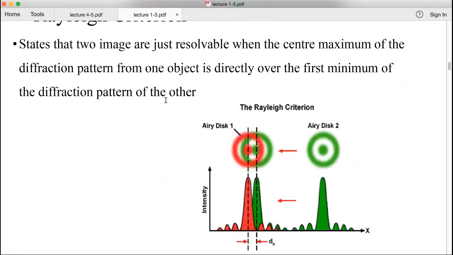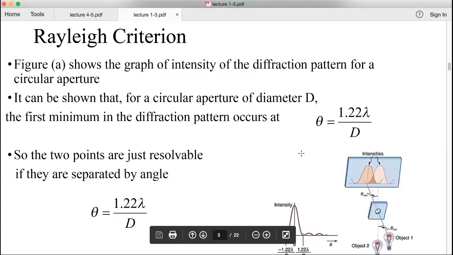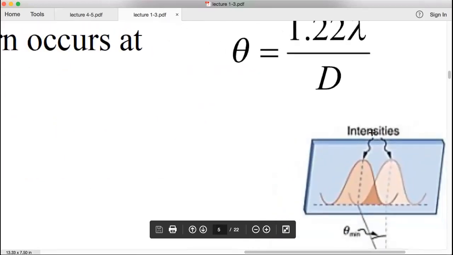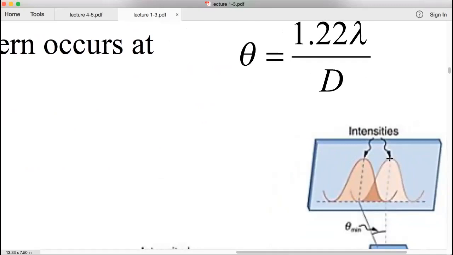And in the next slide, you will be able to see a more clear picture. If I zoom this, it's not that clear, but just to get the idea, this is the diffraction pattern from one object, and this is the other diffraction pattern from the other object.